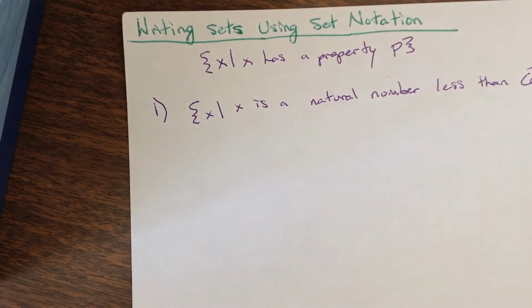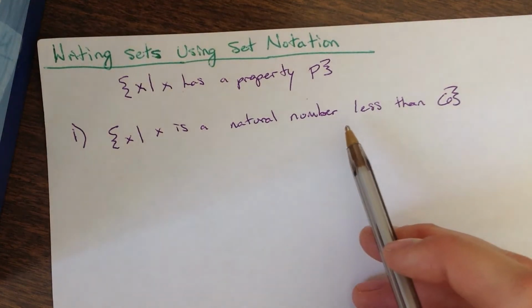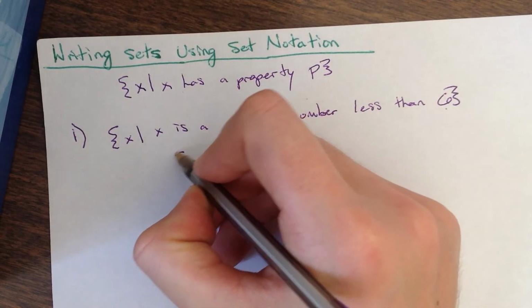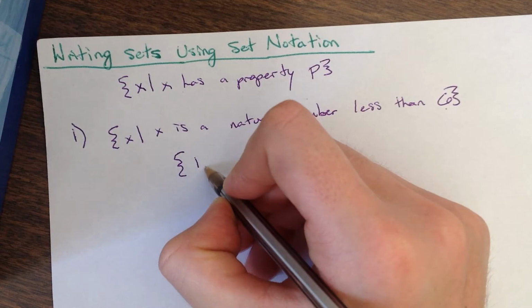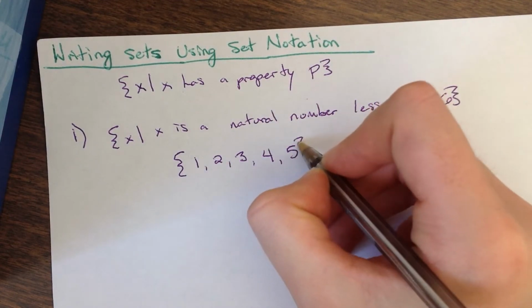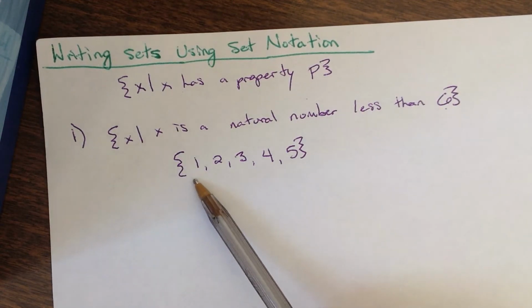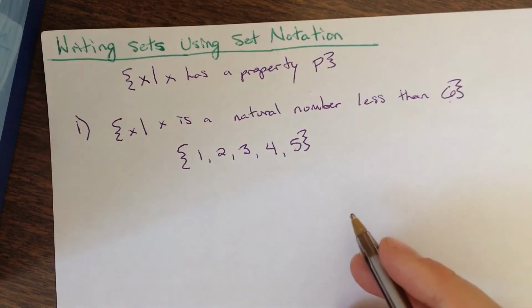Whole, positive numbers. And if we want them to be less than 6, that means we're describing the set of numbers that are 1, 2, 3, 4, and 5. So this is another way to describe this set of numbers using set notation.